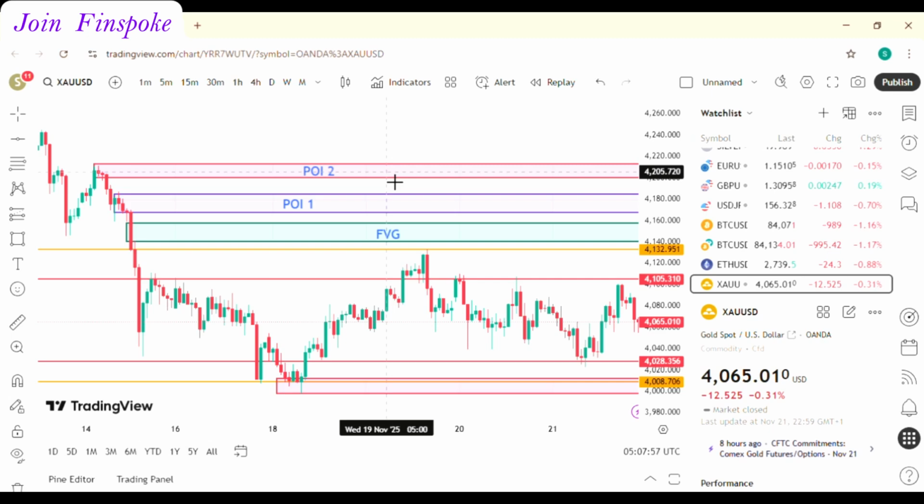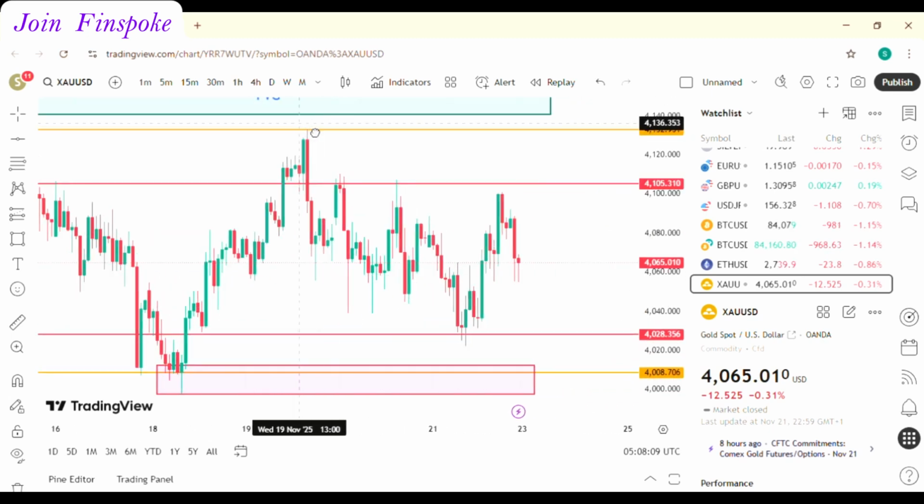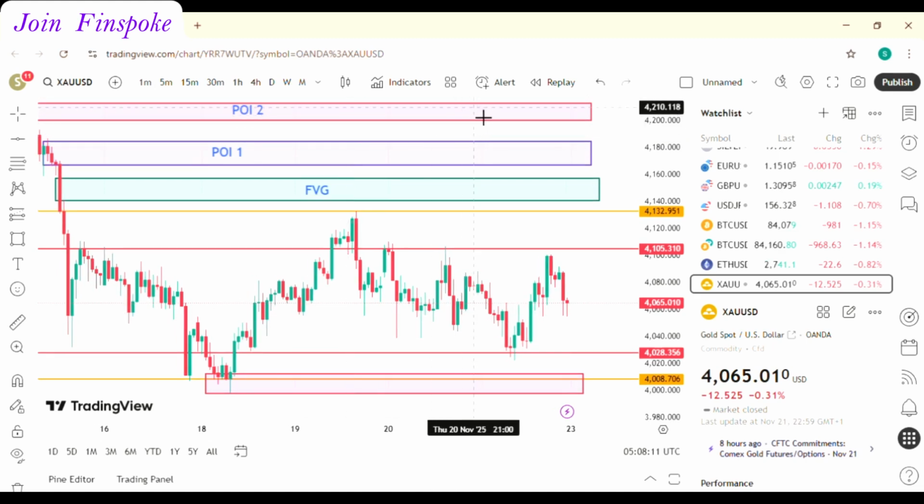That is why I call it point of interest too. In these two zones, the chances of them activating this order and the return back to this zone is not always there. They might tap into the zone and return here. Do you know why? Because gold has much interest at the upside than the lower side.